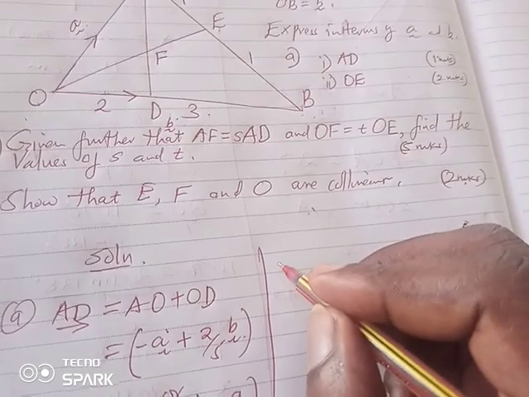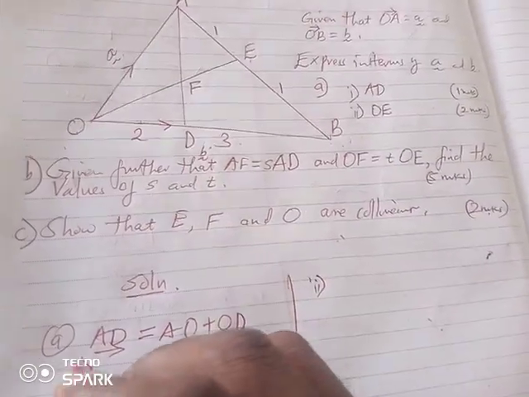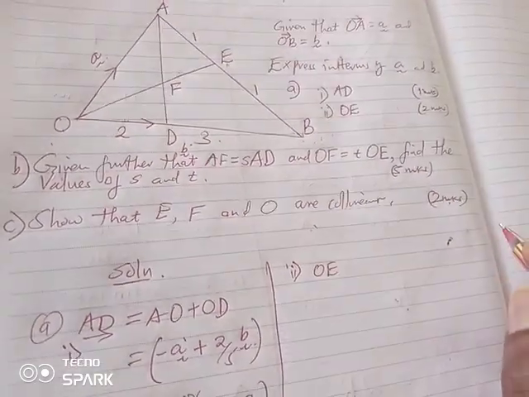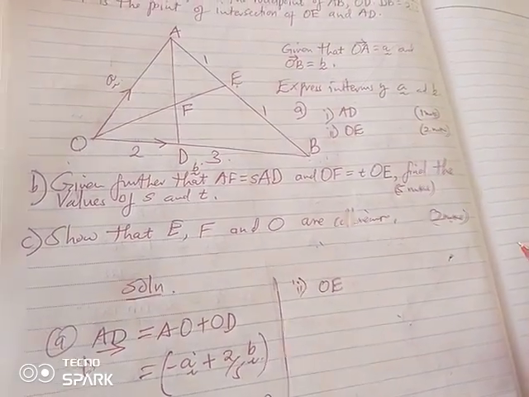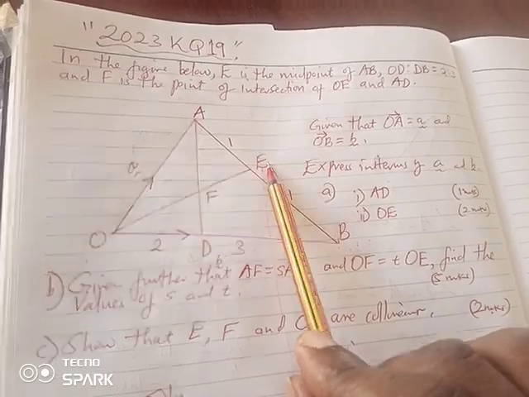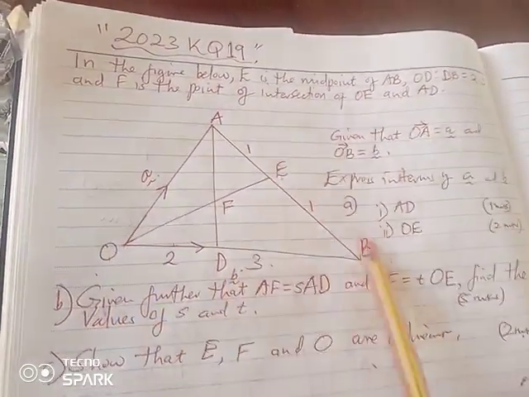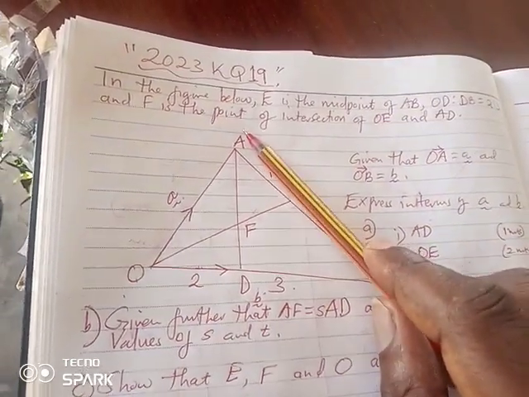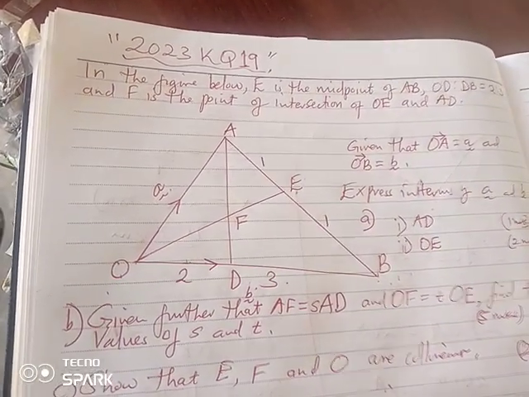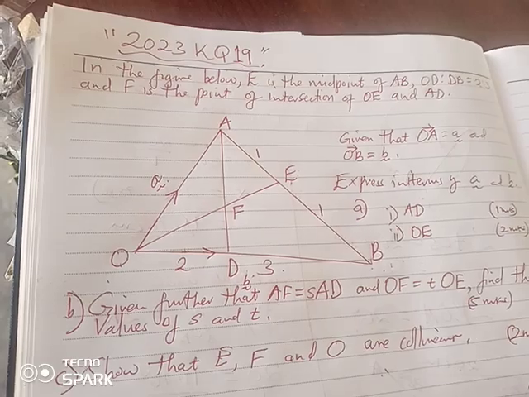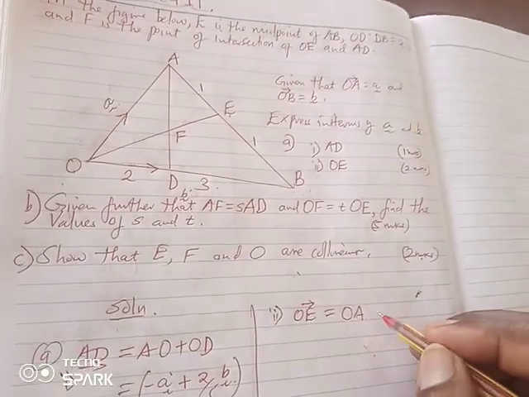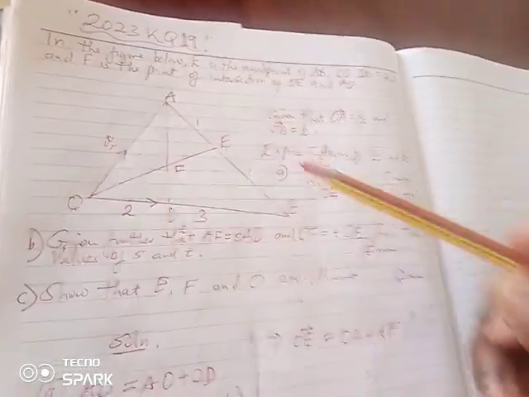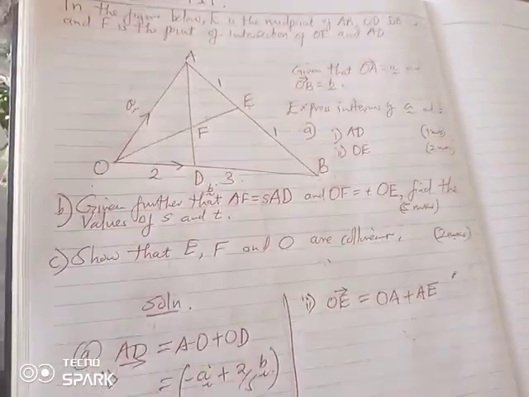Then Roman 2 of part A, we are also expected to express in vector form OE. We are at O, we want to reach E. We can go either way, but I'll choose to go through A. If I go through A, for my OE, the first step will be from O to A, then A to E. You would have gone the other way, it's still the same, so there's no big deal.